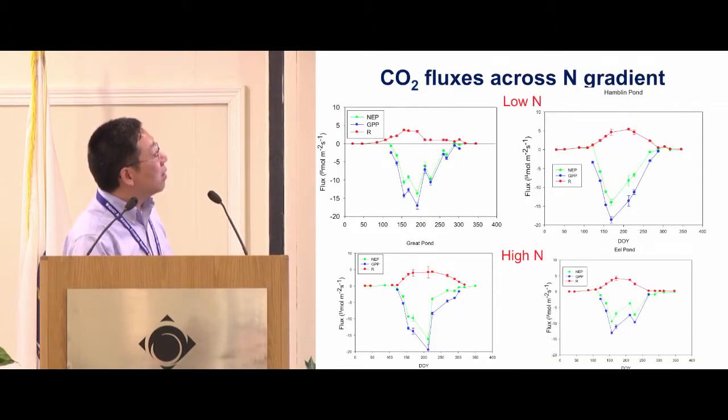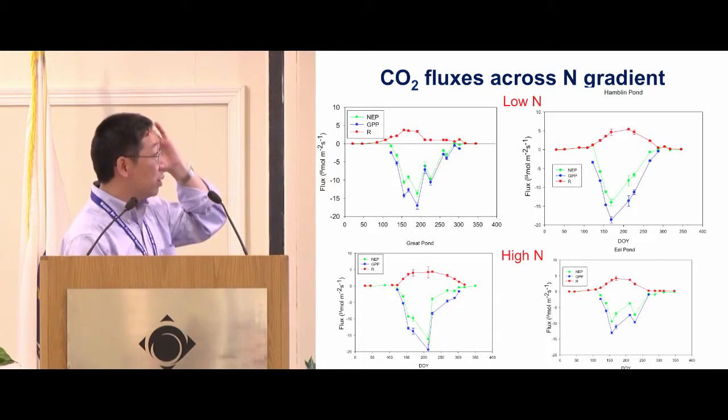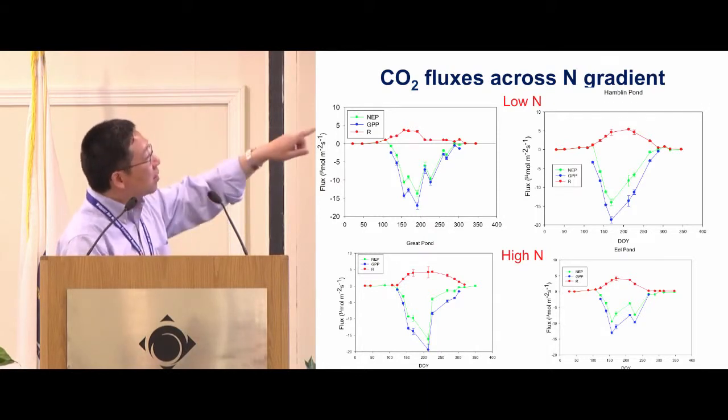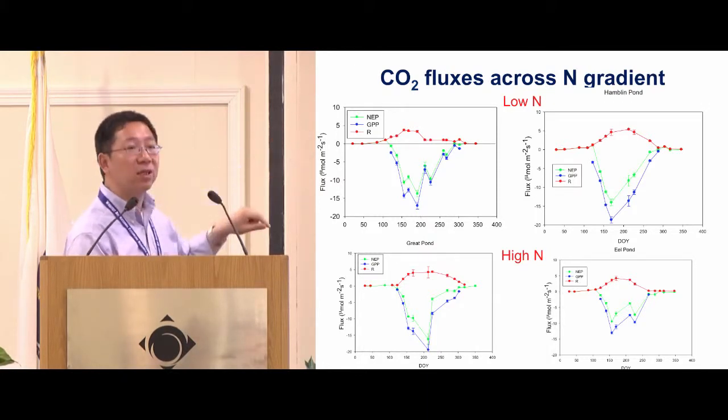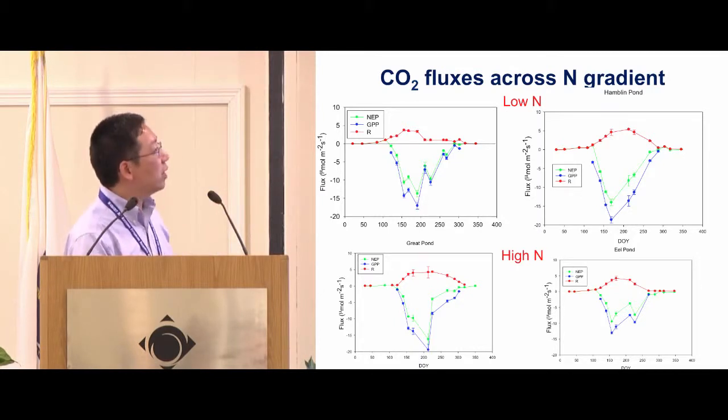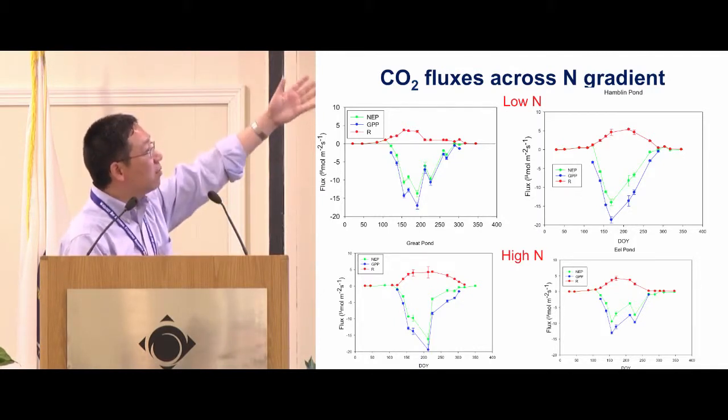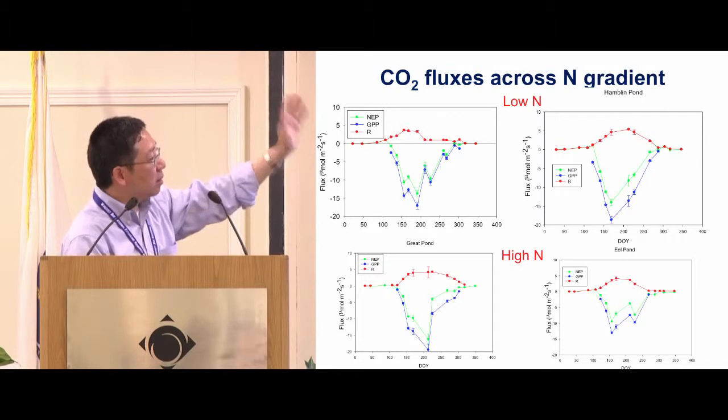We also make measurements of the carbon flux across the nitrogen gradient. We already introduced all four sites. So now we can get all those curves across the four nitrogen gradient sites, with the low nitrogen site at the top and the high nitrogen site at the bottom.